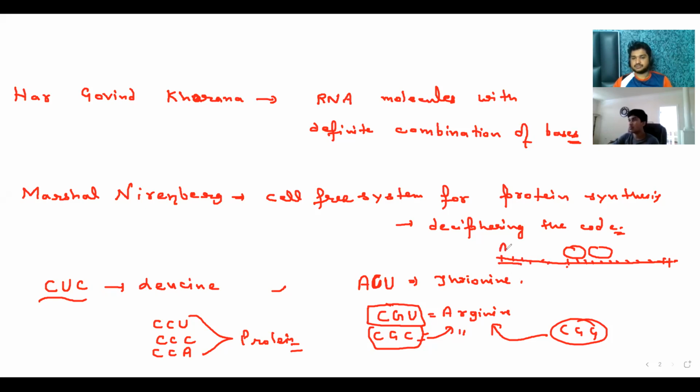Suppose this is your code: AUC, CUC, CGU, ACU. Just tell me, this codon will make which amino acid in your body? ACU. Can I say threonine? Threonine. CGU is forming arginine.